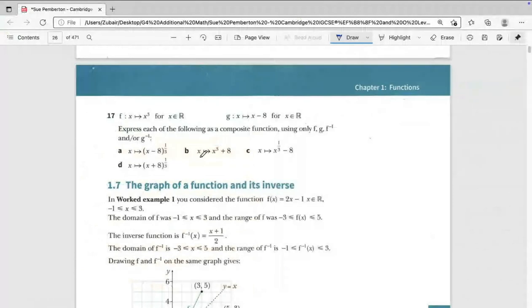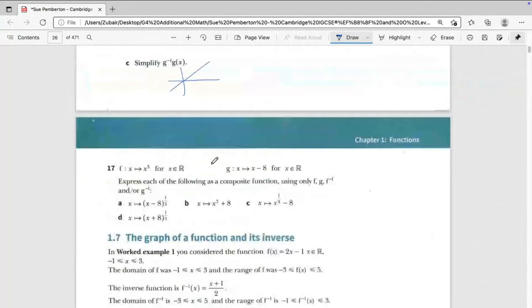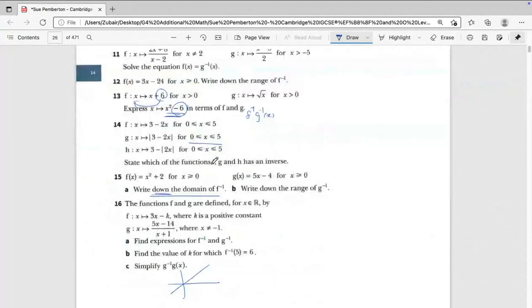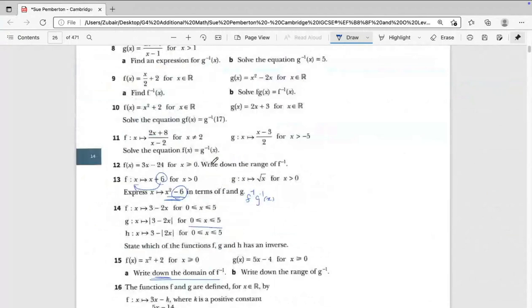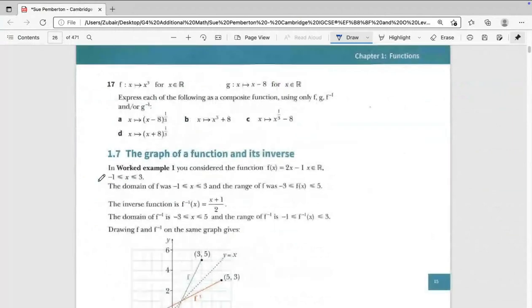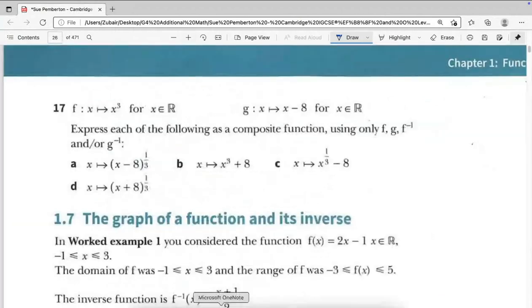It says express each of the following as a composite function using only f, g, and f inverse, or this. It is just exactly like question number 13. Try this question, just like question 13.